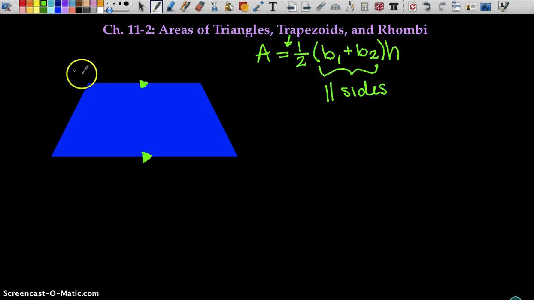Okay, so if I were to tell you that this top base was 16.5 feet, and I tell you the bottom base is, let's say, 21 feet, and I guess I'll give you the height this time.